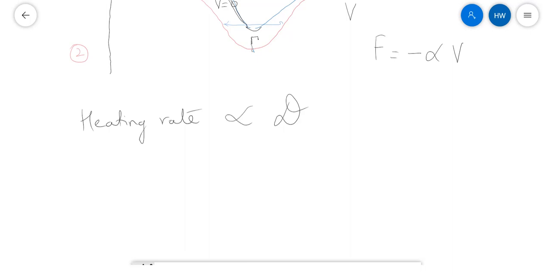So there is a diffusion coefficient one can associate with that, and this diffusion coefficient itself is proportional to the intensity of light, which is indeed true for low light levels. So the diffusion coefficient is also proportional to the intensity of light.